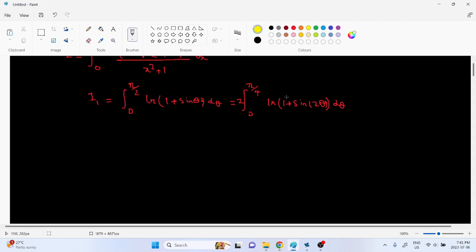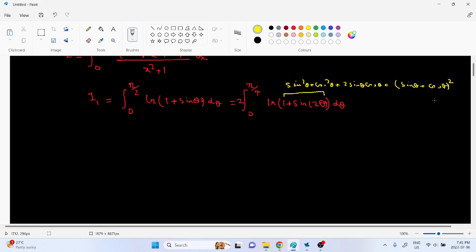And this 1 plus sine of 2 theta, we can write it as sine squared plus cos squared plus 2 sine theta cos theta, which can be factored as sine theta plus cos theta, all raised to the 2.